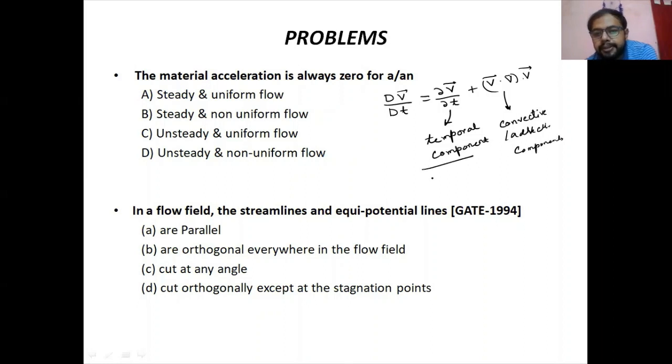So this part depends on time, and this part depends on space.